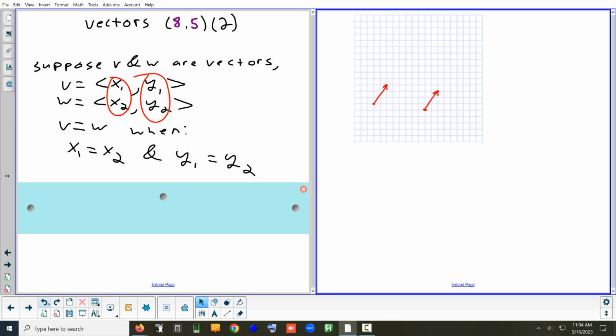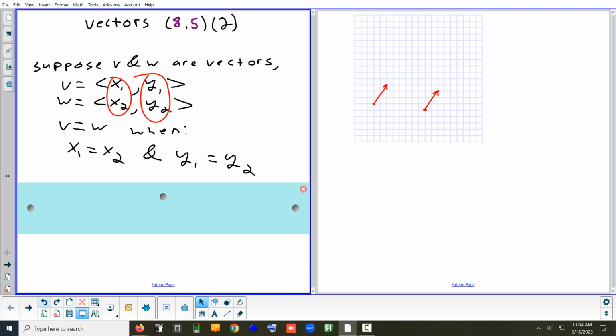As long as they have the same magnitude and direction, they are the same vector. So any question on what it means for two vectors to equal each other? Is that what you're saying? They're the same when they're in the exact same spot? If they started in the same spot, then yeah, they would look the same. But they can be in different spots, and those are considered equal.